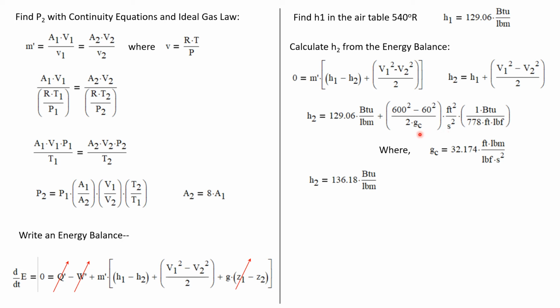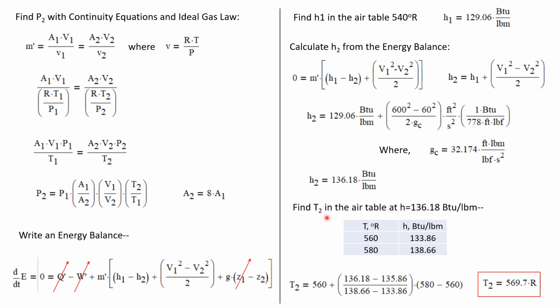And if you don't recall what g sub c is, go back to the very first lesson on units in this series, and I will explain it there. So we have g sub c is 32.174 foot-pounds mass per pounds force second squared. And that will convert feet squared per second squared to foot-pounds force per pound mass. Well, now we simply convert foot-pounds force to BTUs, and we get a value of h2 is 136.18 BTUs per pound mass.